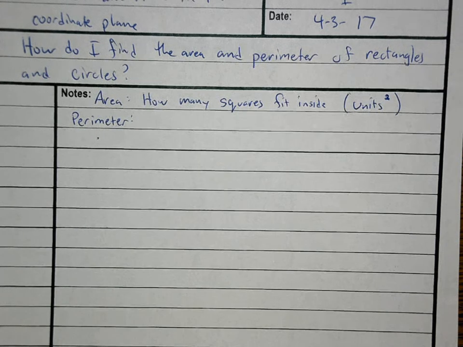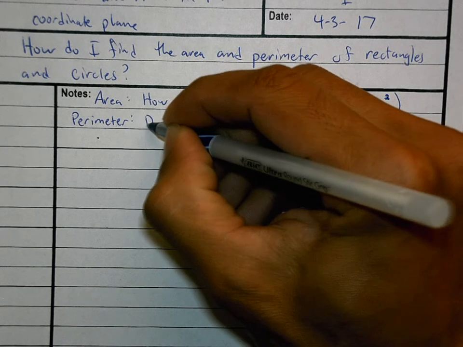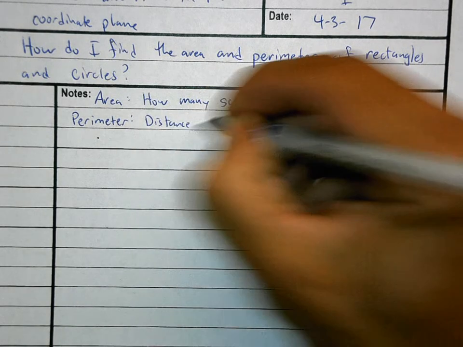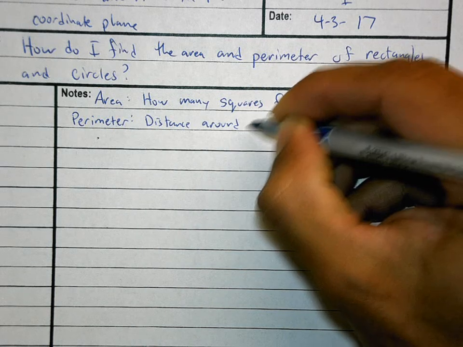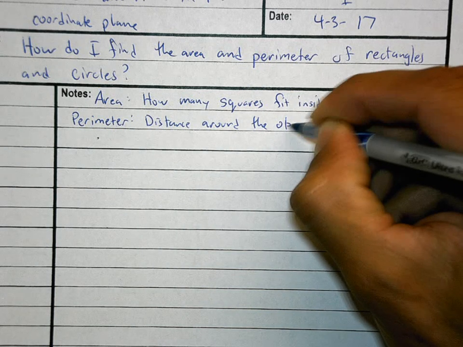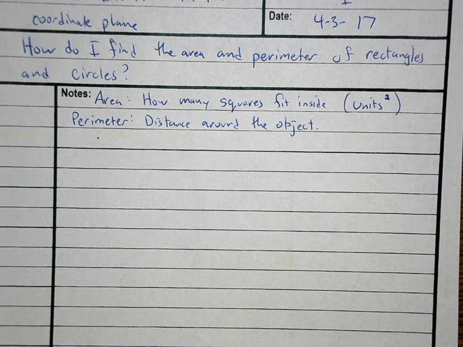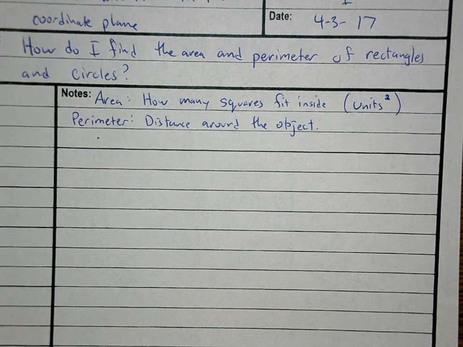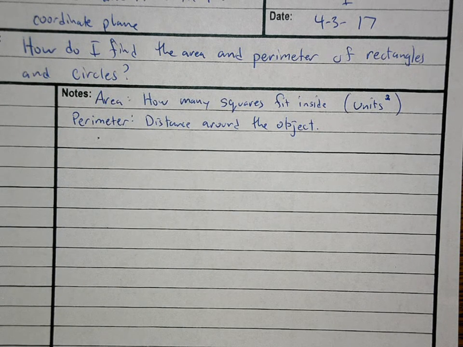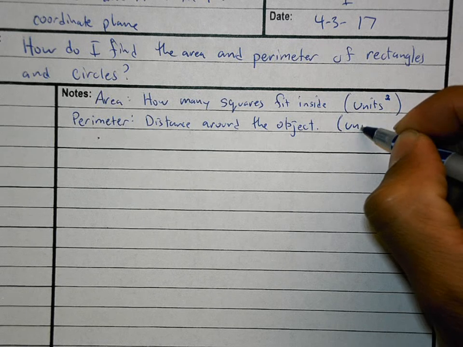Perimeter, on the other hand, is the distance around the object. This is not units squared. This is just units.